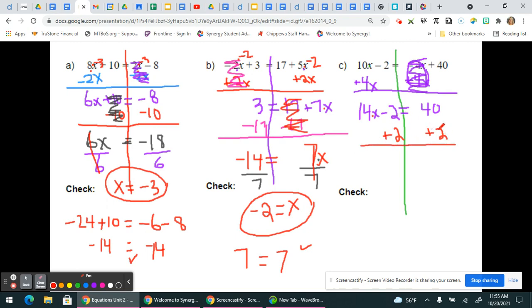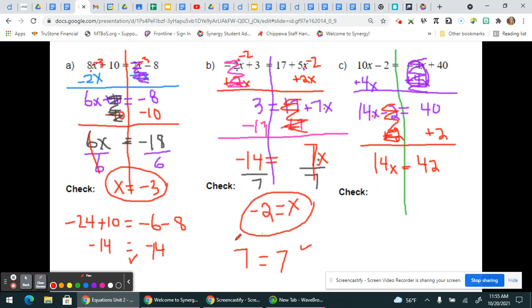Please notice by adding 2's on the left-hand side here, now they eliminate because they're opposites. Negative 2, positive 2 cancels. We don't have to worry about it on that side anymore. So my 14x is going to fall down. I've got 14x, which is equal to 40 plus 2, which is 42.